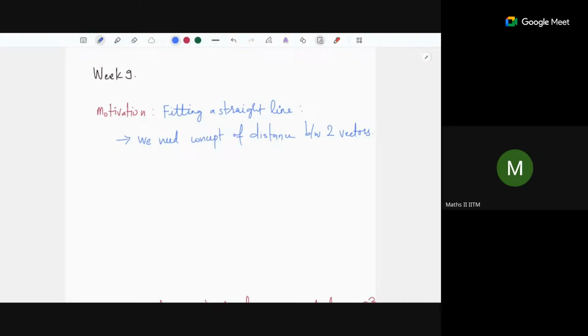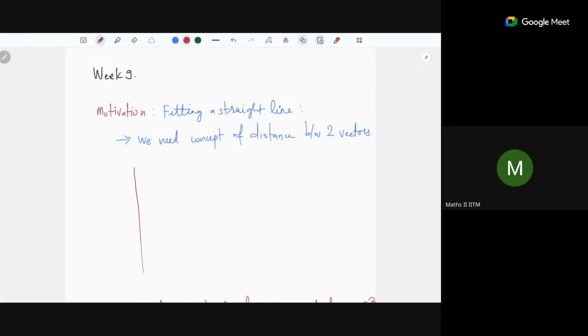We need the notion of distance between any two vectors to approximate data, or to fit data into a straight line or into a well-known curve. A straight line is the simplest curve that you can think of.